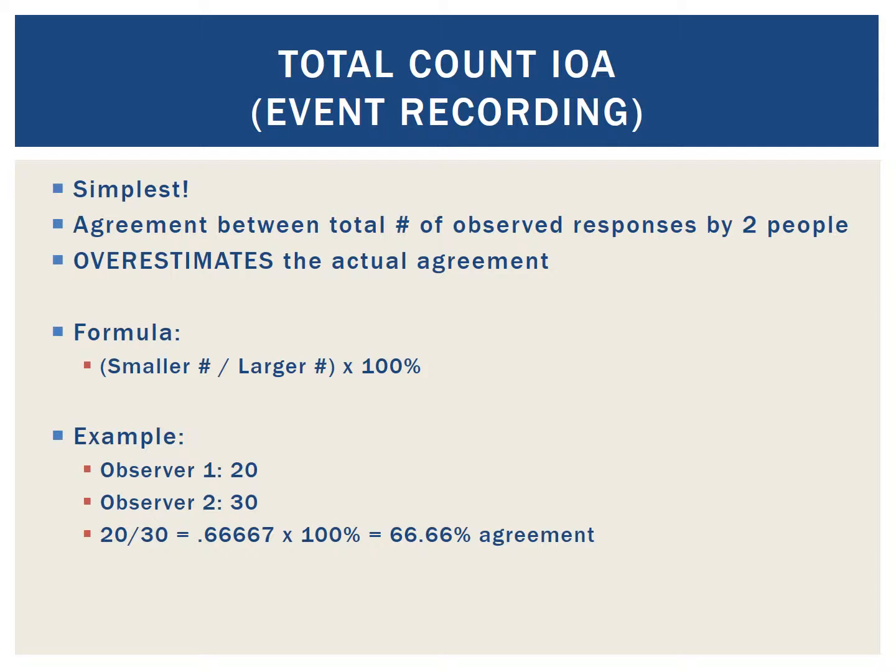In reality, that's not going to be that bad, but it is a less sensitive measure than some of the other measures. But for frequency data, it's acceptable. It's certainly acceptable for clinical data, and for some research studies, but for a highly controlled, higher level research study, you're going to want a more precise measure of inter-observer agreement.